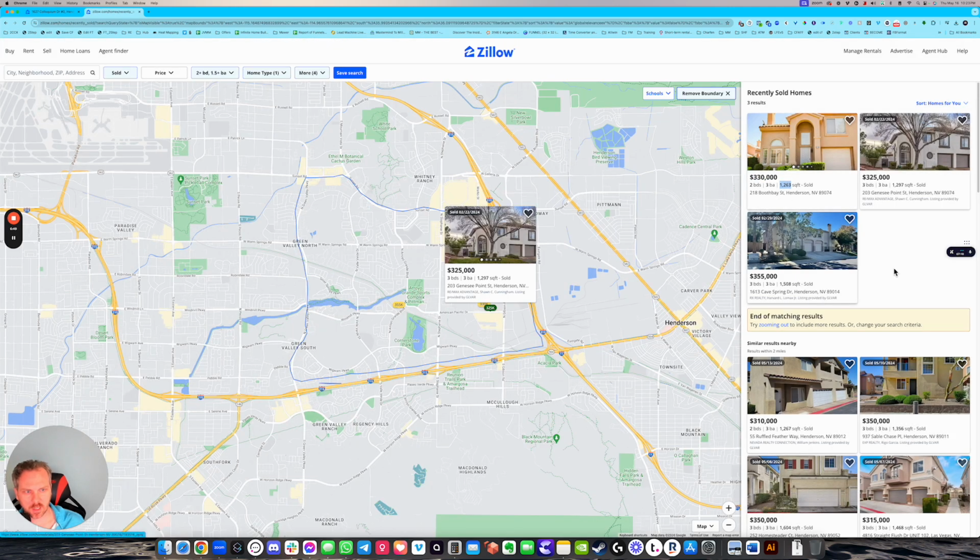Now, what we're looking at here is a couple of things: the number of bedrooms, the number of bathrooms, the square footage, and then any kind of amenities like a pool that we have.